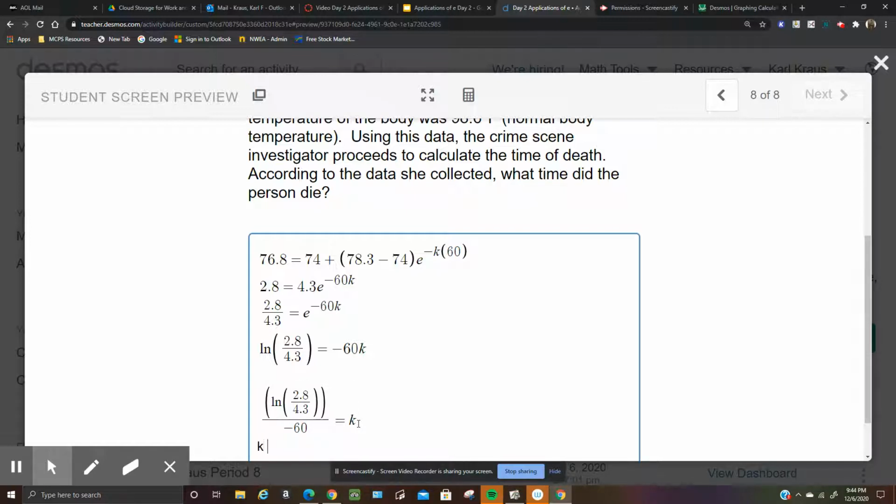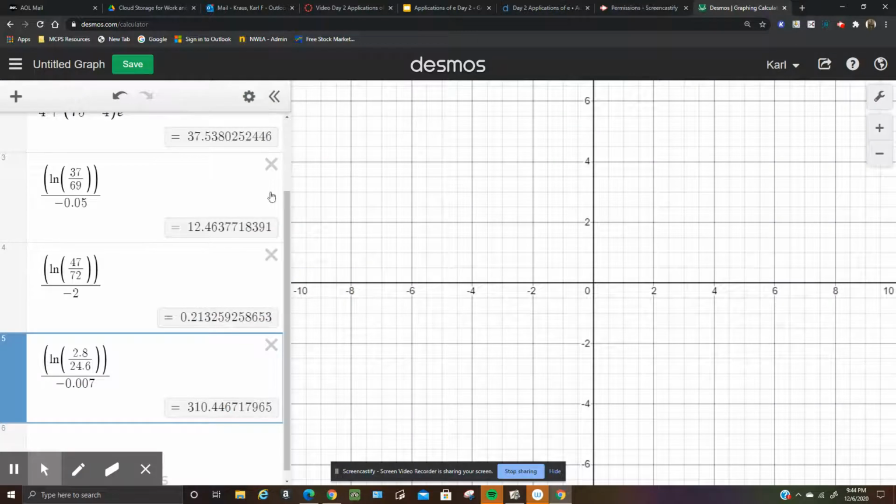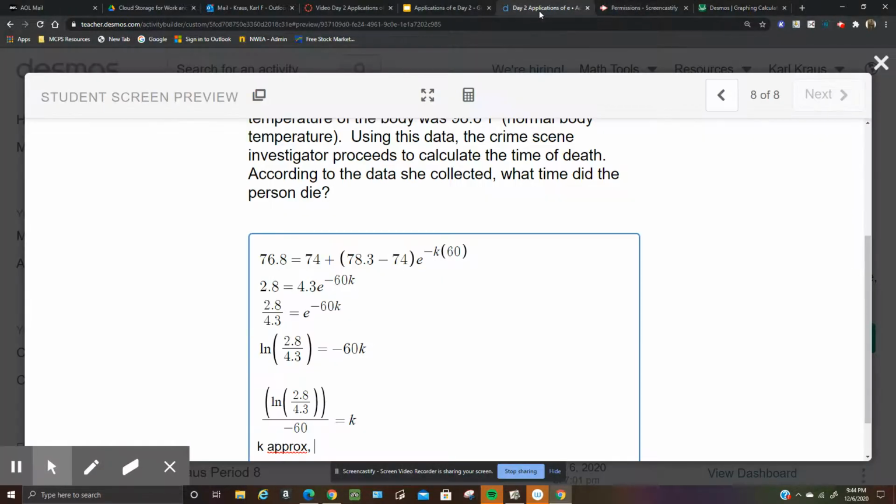Okay, approximately, I need a calculator. Here, I did it right here. Natural log of 2.8 over 24.6. Let me see if that's the same.